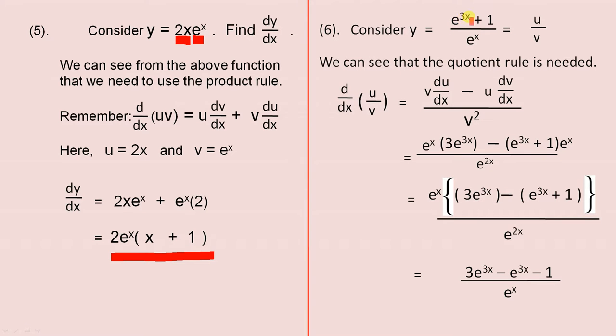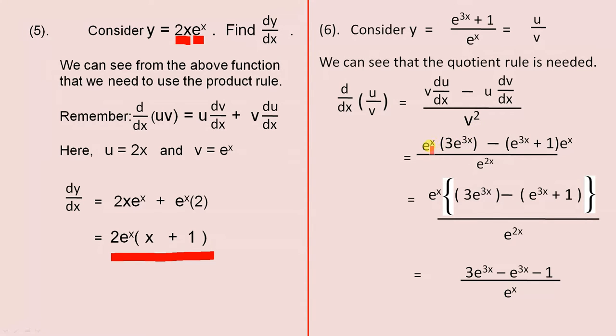Consider y equals e to the 3x plus 1 all over e to the x, so there's u and there's v. We can see that the quotient rule is needed, and if we remember from earlier videos, the quotient rule is d/dx of u over v is v du/dx minus u dv/dx all over v squared.